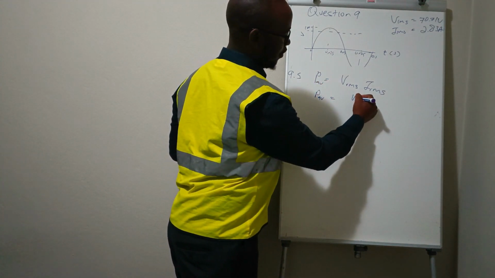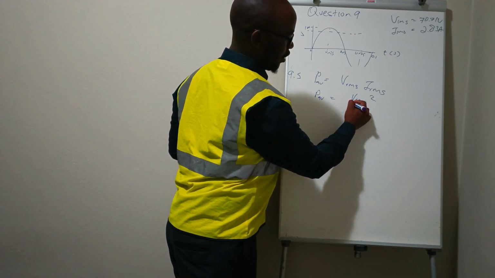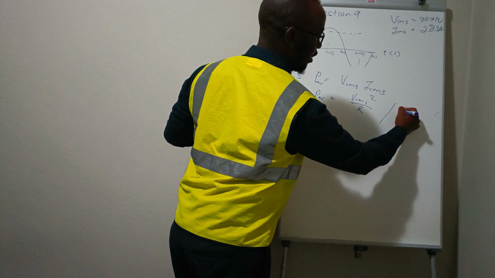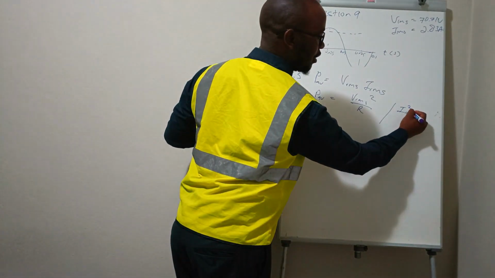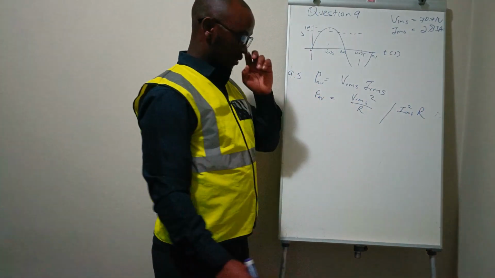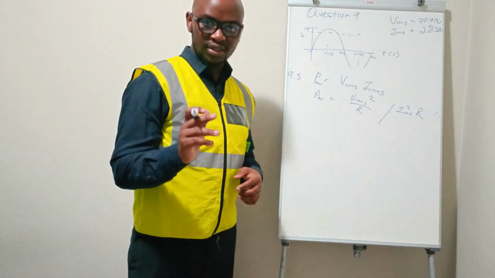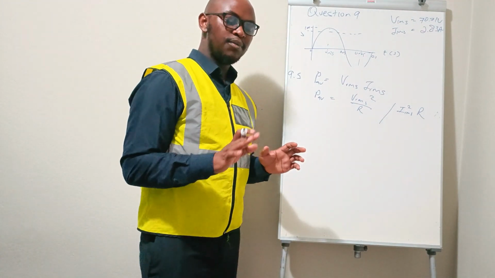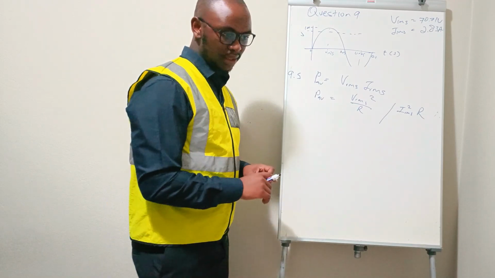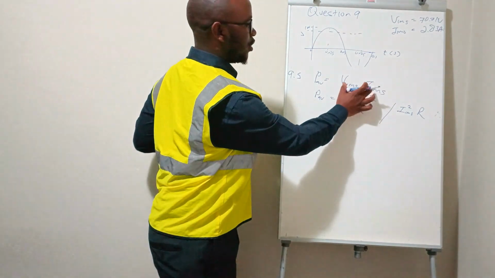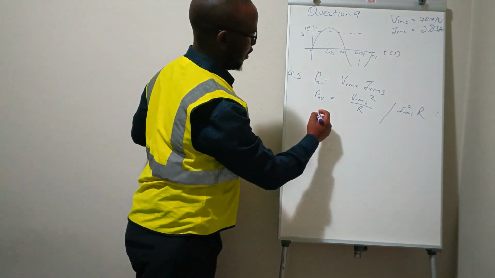It is equal to VRMS squared over resistance, or we can also say I squared RMS times resistance. You can use whatever is at your disposal, but all these formulas should be available in the question paper. So we're going to use this one since we already have those values.